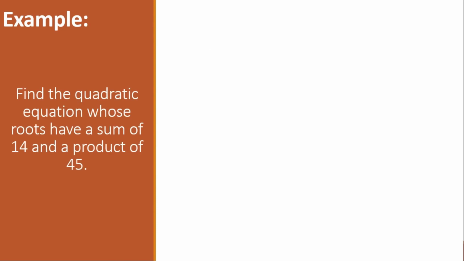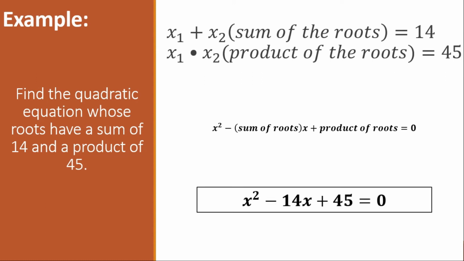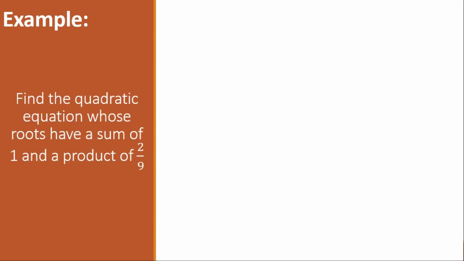Okay, another one. Find the quadratic equation whose roots have a sum of 14 and a product of 45. So, 14 yung sum, product naman is 45. So, substitute lang natin yan sa sum of roots and product. Kaya meron tayong x squared minus 14x plus 45 is equal to 0. Okay, another one.